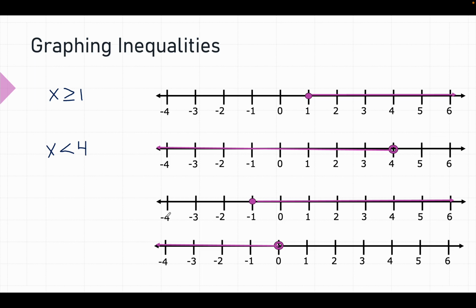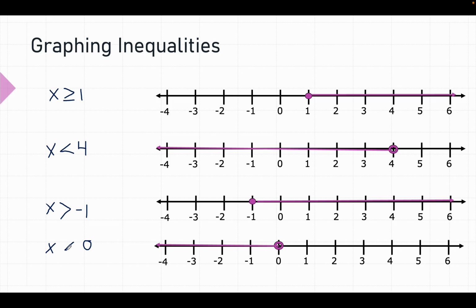Let's check out this one. What if I have a negative 1 with a hole on it? I would just go x, looks like all the numbers that are greater than negative 1. Now check out this guy. I have 0 and x again. Notice that it is all the numbers that are less.